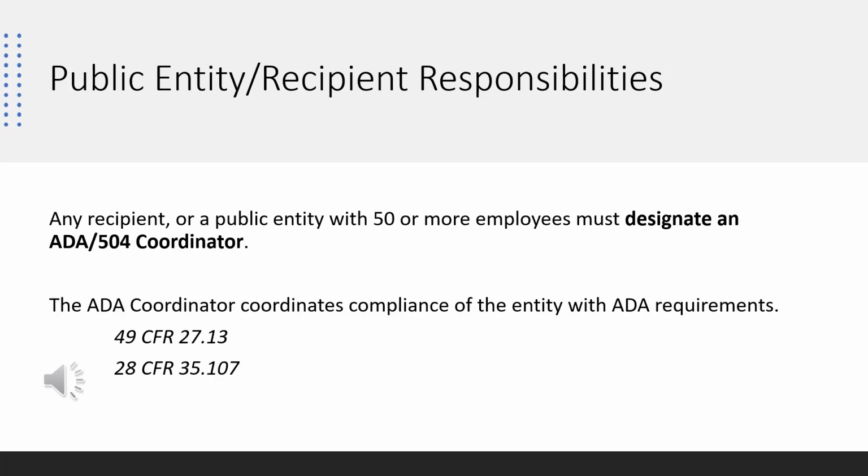Any recipient or a public entity with 50 or more employees must designate an ADA Section 504 coordinator. The ADA coordinator coordinates the compliance of the public entity with the ADA requirements.